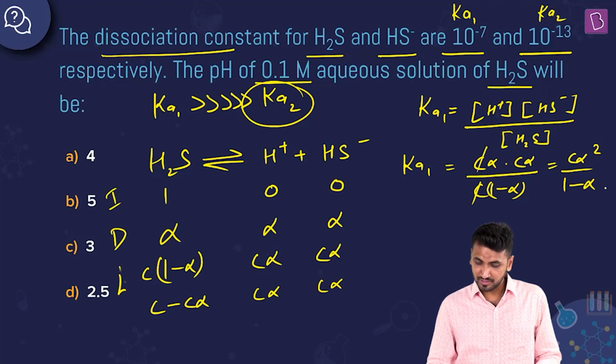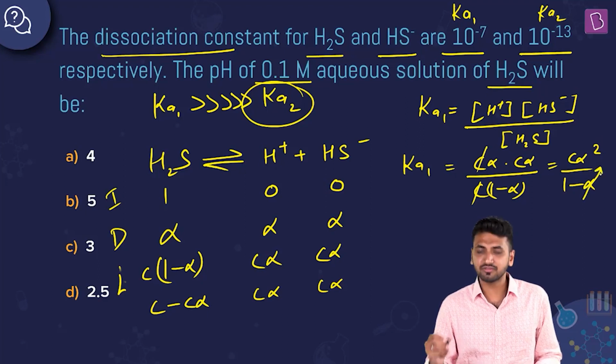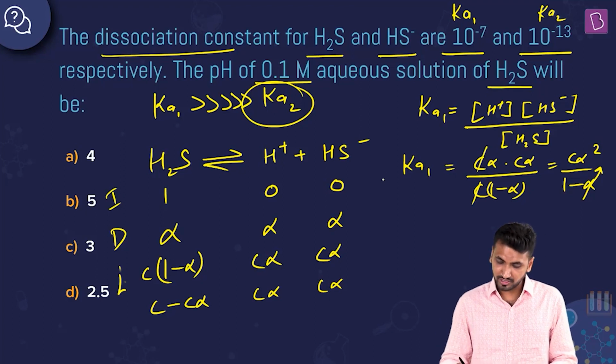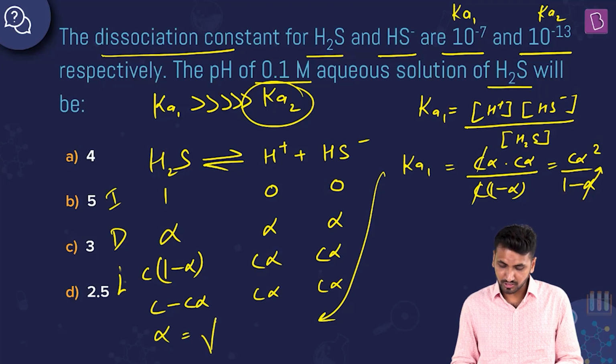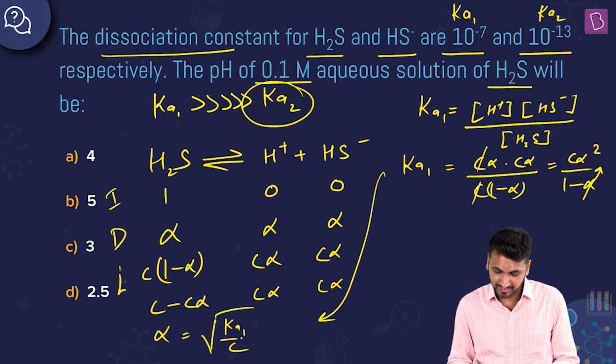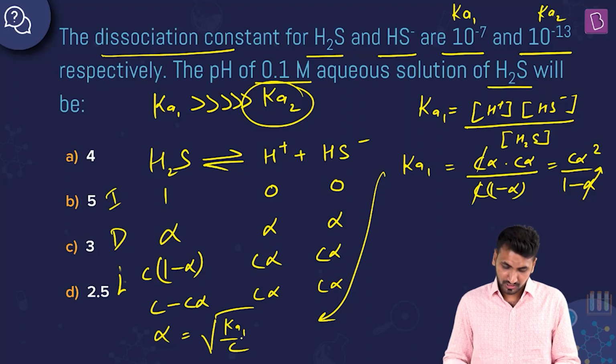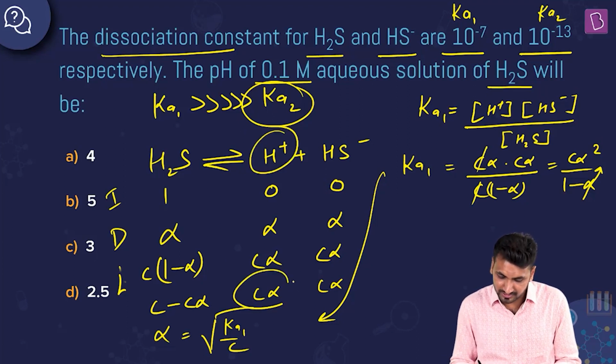Now see, this alpha will be very small. We're going to neglect this for the simple calculation. So from here, can I say that alpha is going to be under root Ka by C, right? Or rather Ka1 by C. Okay. The concentration of H plus is C alpha.